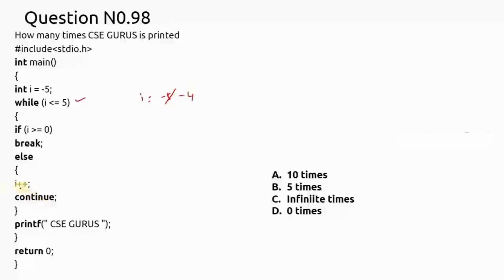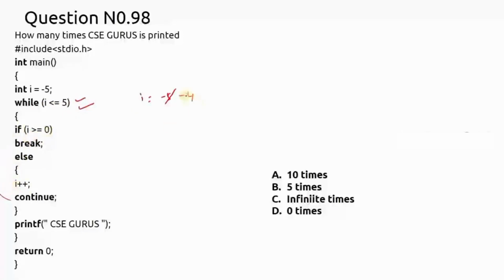Then in the else block, continue is there. What is continue? It skips the next lines inside the loop. Continue can be written in any loop. So the printf will be skipped and it goes back to the start of the loop, that is I less than or equal to 5. So -4 is less than or equal to 5. Yes, true. But here this condition is false.